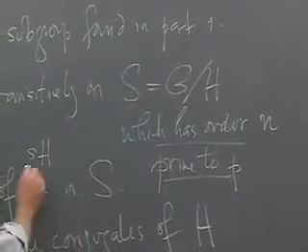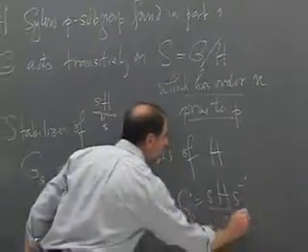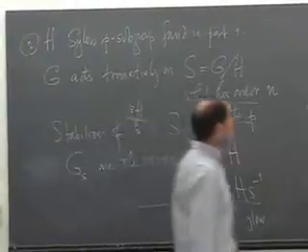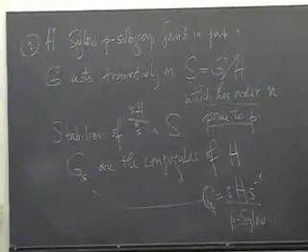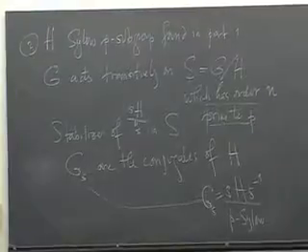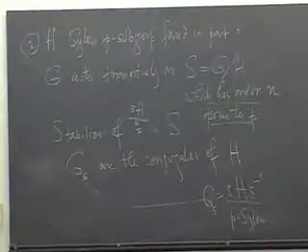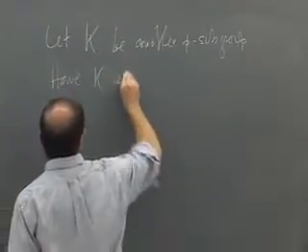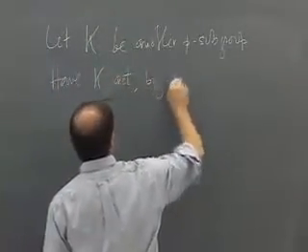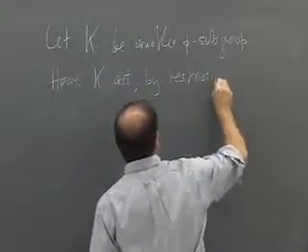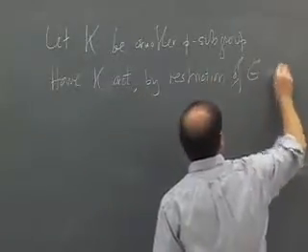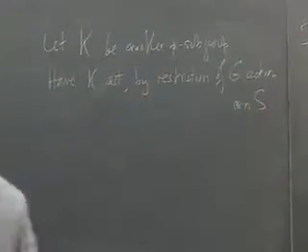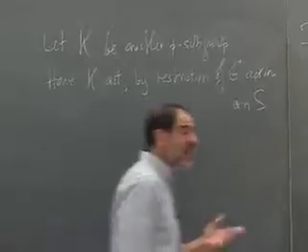If you want to stabilize this coset, you get this conjugate, and any conjugate comes from such a stabilizer. And now I'm going to start with another p-subgroup, K, and have K act by the restriction of the G action on S. Namely, have K act on the cosets of H by left translation. Just restrict the G action to K.